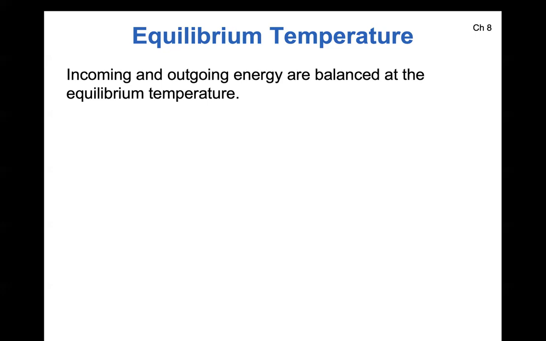Not because that's the way to do it, but because it would be a violation of physics if it didn't. If the planet wasn't at equilibrium, it would just be steadily heating up. Well, that's impossible. That would be the planet absorbing more and more energy. And why would it be doing that?